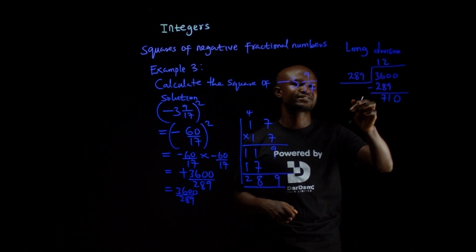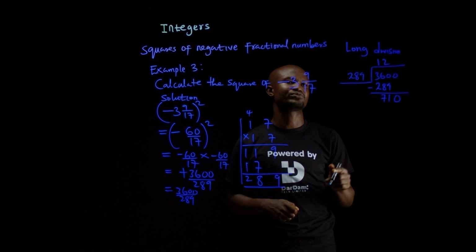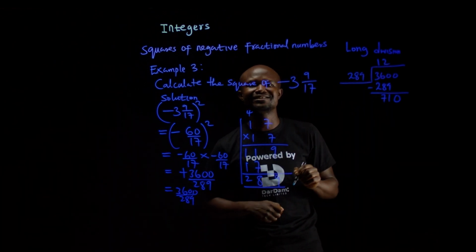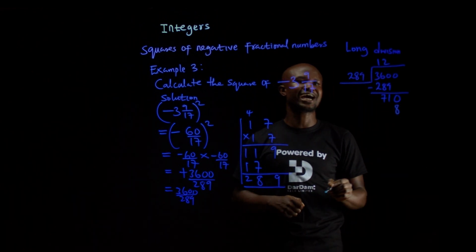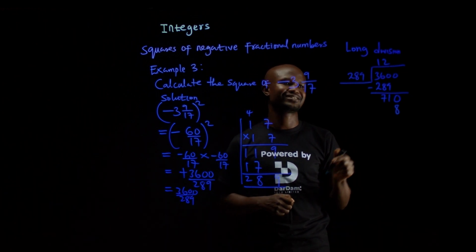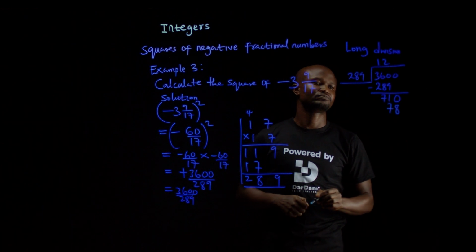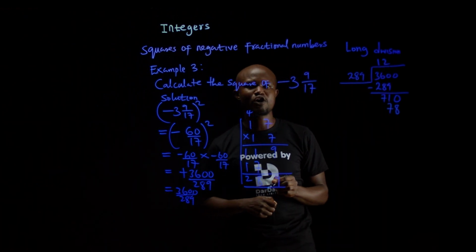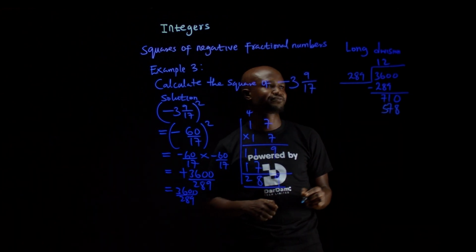So 710 divided by 289, we have 2. So 2 times 289, let's look at that. 2 times 9, 18. We carry 1. 2 times 8, 16. 16 plus 1, that is 17. We carry 1. Now, 2 times 2, 4. 4 plus 1, 5. So we have 5.